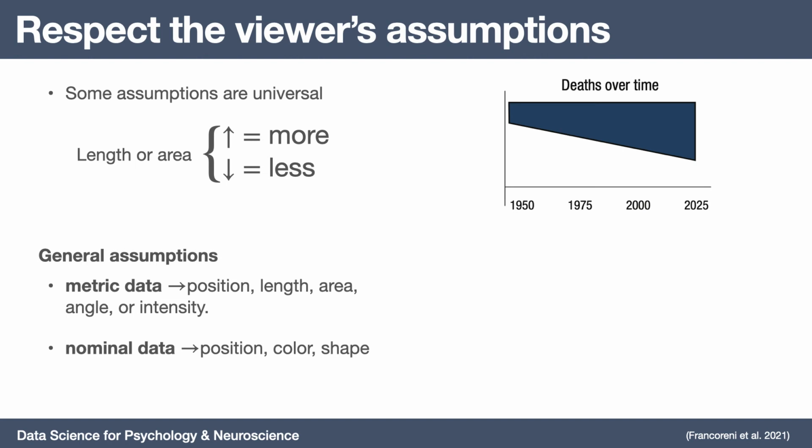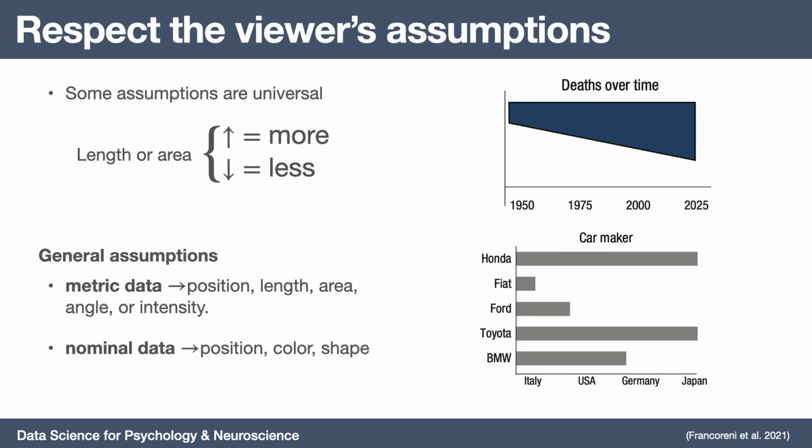Another example of this kind of violation of expectations would be something like this. Here, we're plotting where cars are made. So we've got two types of nominal data. We've got country on the x-axis, and we've got car manufacturer on the y-axis. But by plotting them using these bars, what we're inferring is that Honda and Toyota are somehow more of something than Fiat, Ford, or BMW.